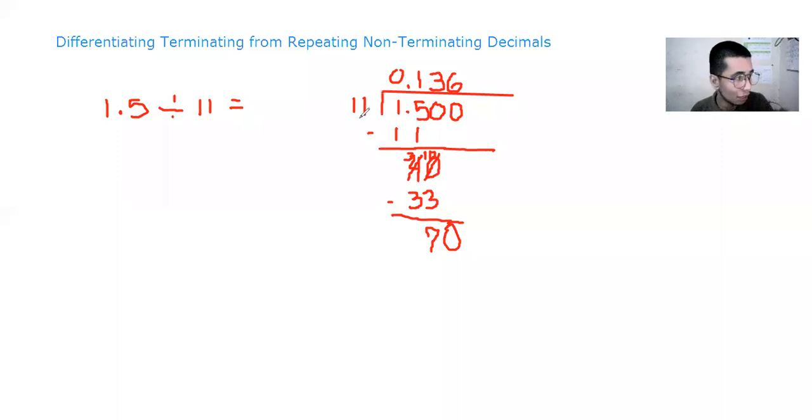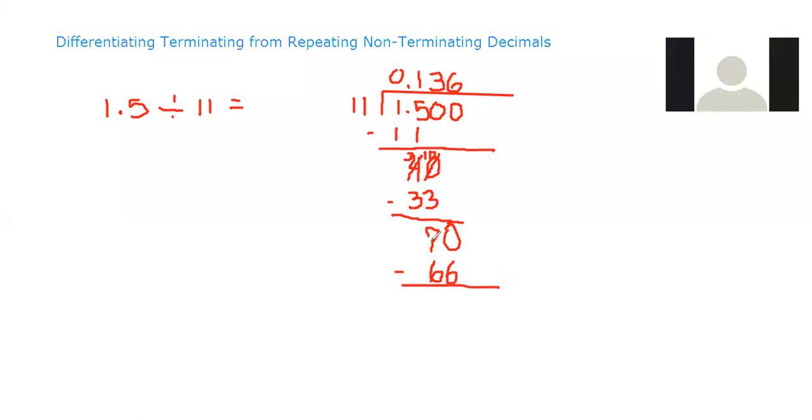What is 6 times 11? 66. Then, subtract. So, 70 minus 66. What is the answer? 4.